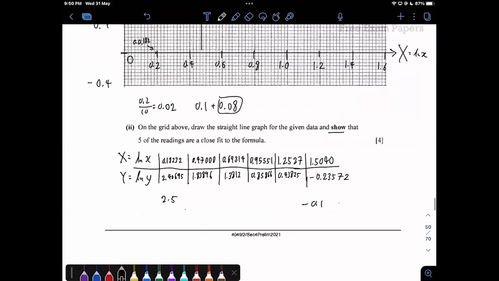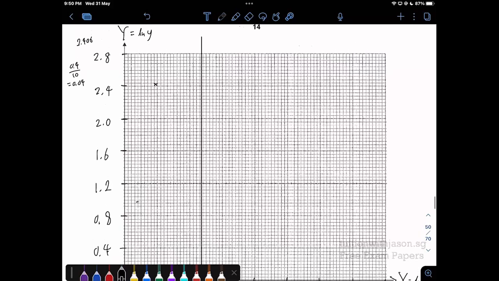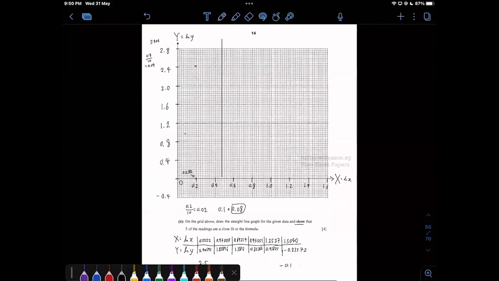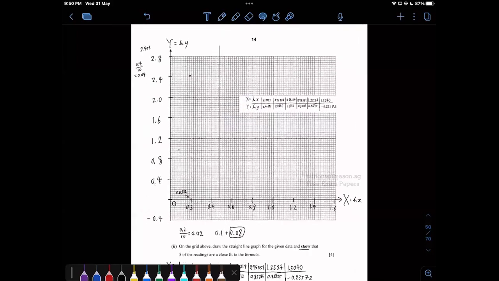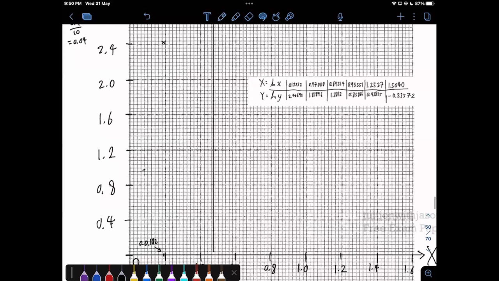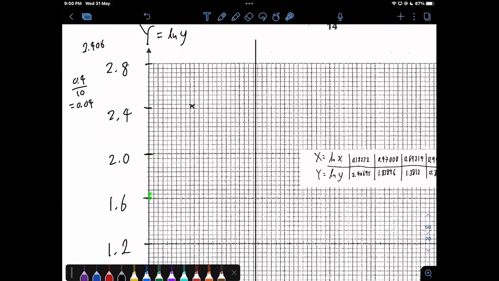1.83896. 1.83, maybe. Okay, I think a more efficient way is to just take a screenshot, then I don't need to keep on scrolling up and down. Okay, like this. So where is my 1.83896? Let's see. 1.6 is here, 2.0 is here, each tiny box is 0.04. So it's 1.6, 1.64, 1.68, and so on. Okay, maybe it's better to start from 2. 0.04 to 1.8, that's around 0.20. 0.20 divided by 0.04, 20 over 4, that's 5.